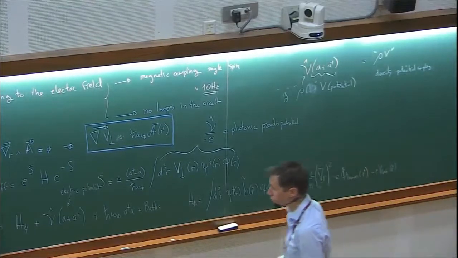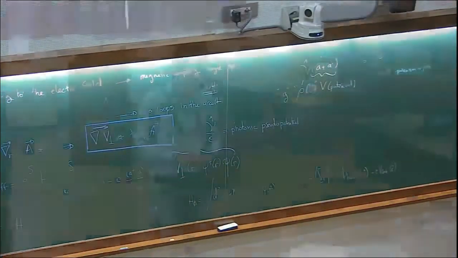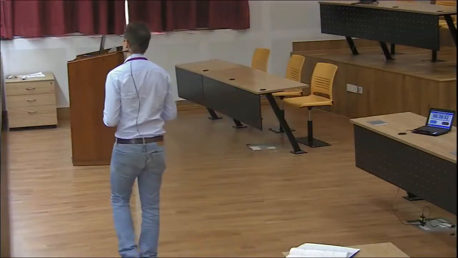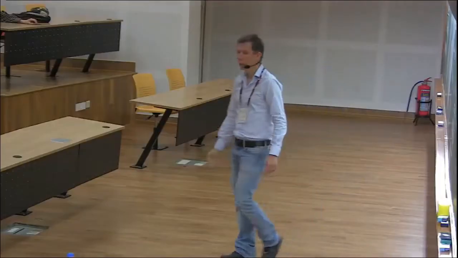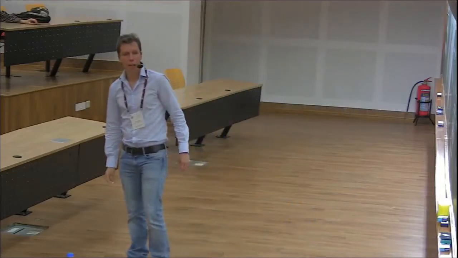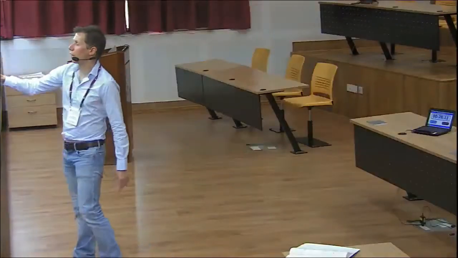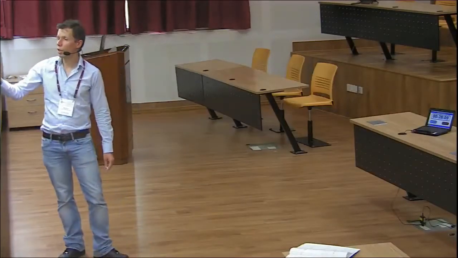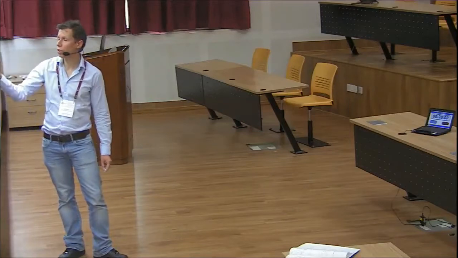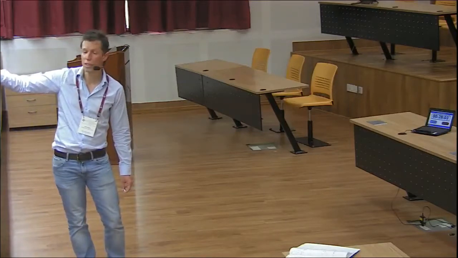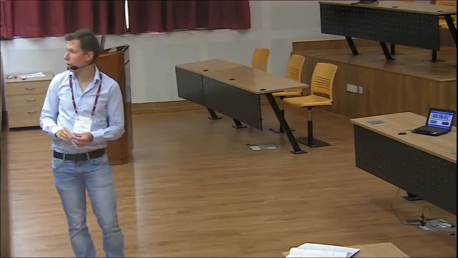Now I will apply this to two important limiting cases. Sorry, V perpendicular is the scalar potential whose gradient is the vector potential, because we have assumed pure electrical coupling, and therefore this part has no rotational.